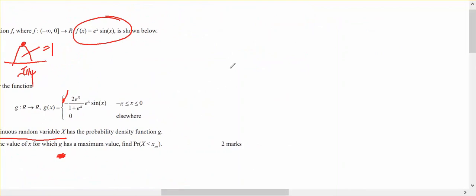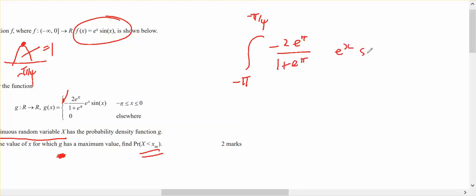I'm looking for the integral from, I want as a maximum value, so I want less than, so minus pi to minus pi on 4 of negative 2e to the pi over 1 plus e to the pi e to the x sine of x dx.